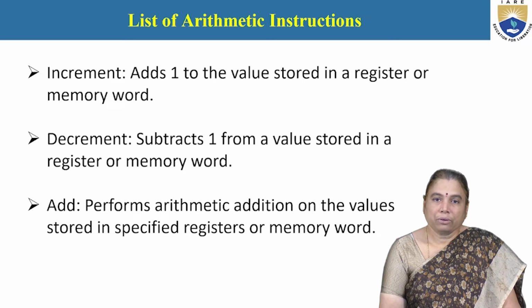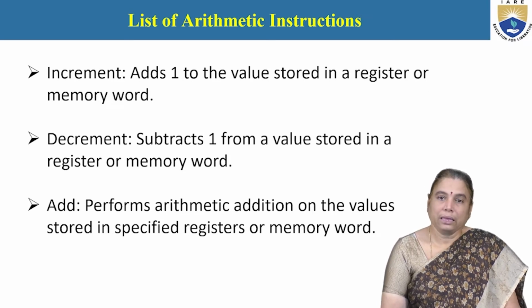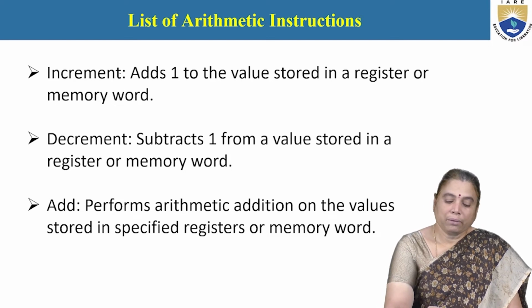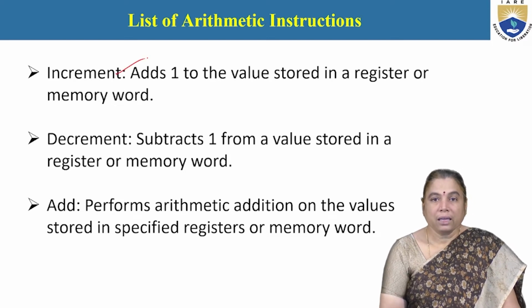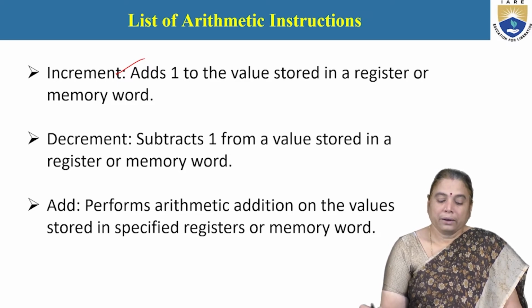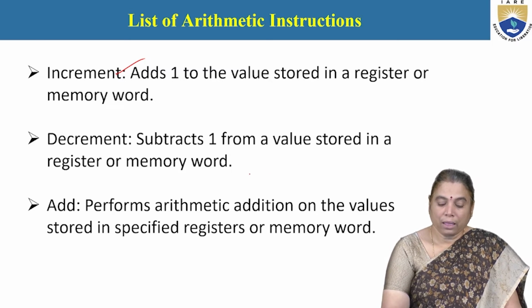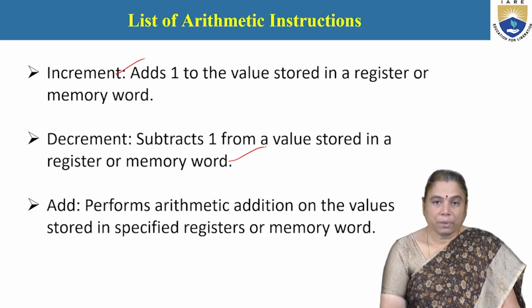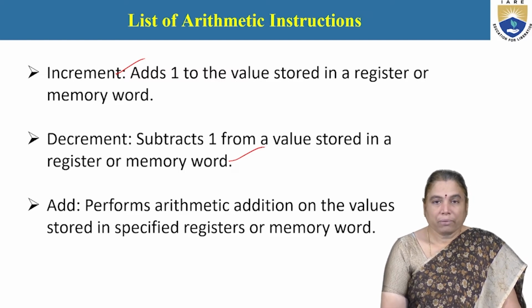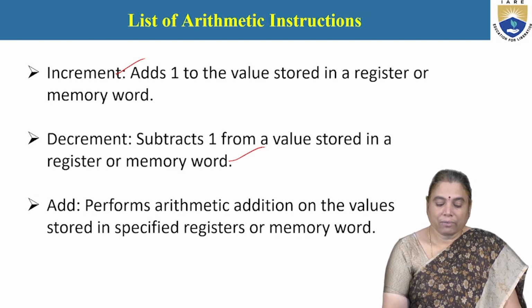The first micro instruction that comes under the category of arithmetic is increment. The increment micro instruction adds the value 1 to the register specified in the assembly language program. Decrement subtracts the value 1 from the stored register or the memory word. Add performs arithmetic addition on the values stored in the specified registers or the memory word.